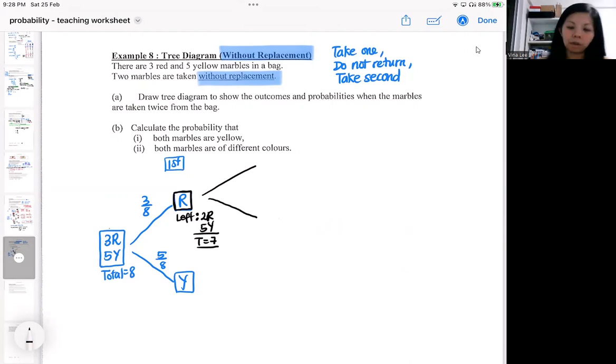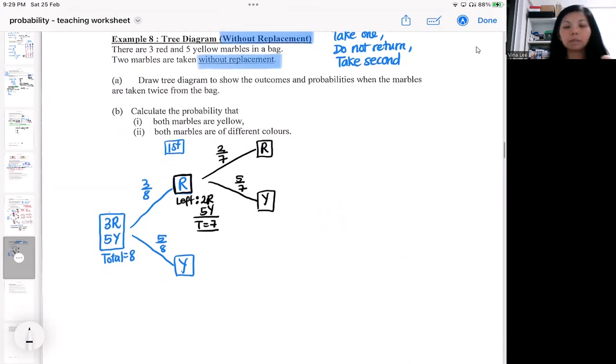My second marble can still be a red or a yellow, but the probability will be different because you are not returning the first red ball. So here it will be 2/7, here will be 5/7.